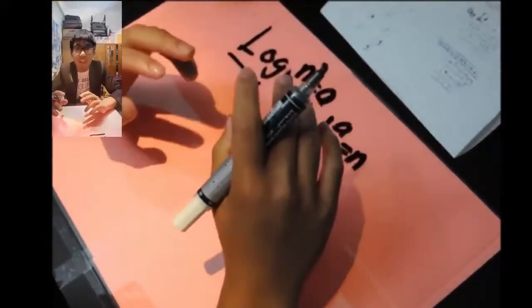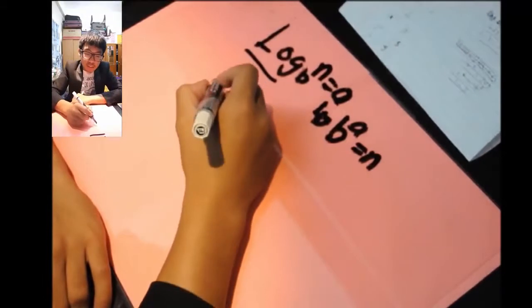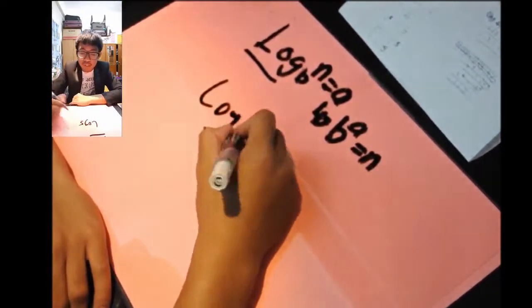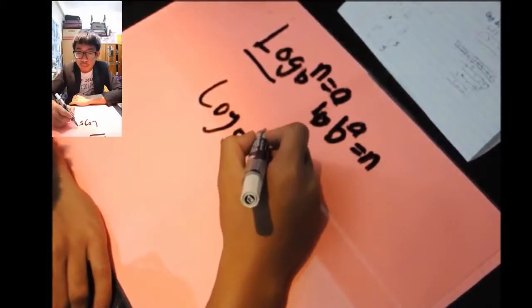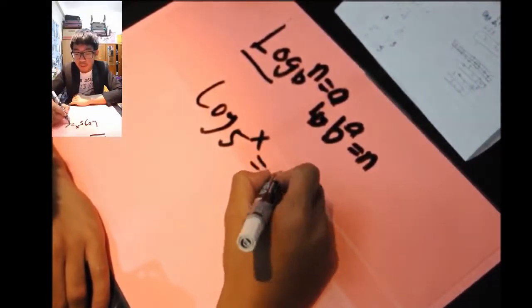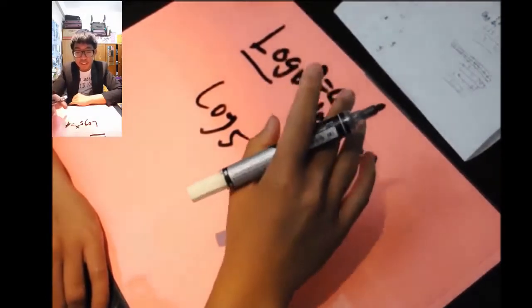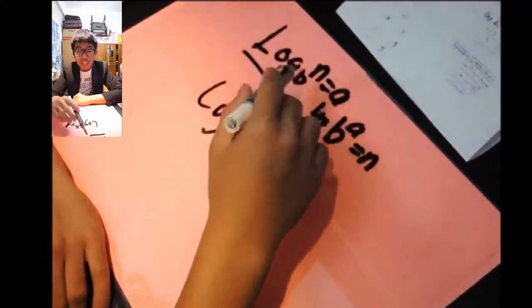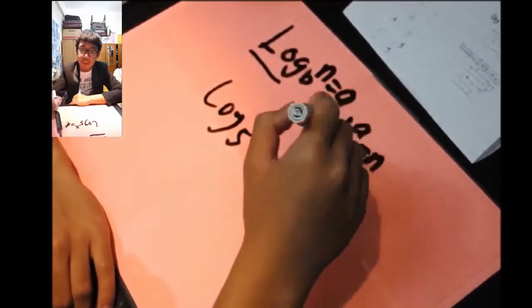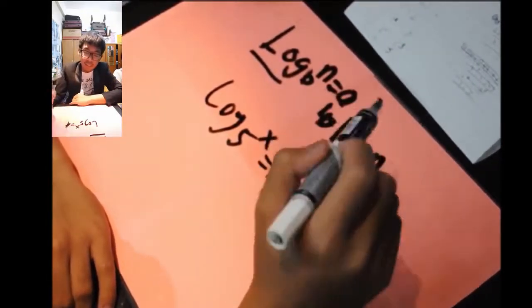Right, so let's put it into practice. Log base 5 of x equals 4. Right, so we know that in order to answer this, we have to read it as it is, right?